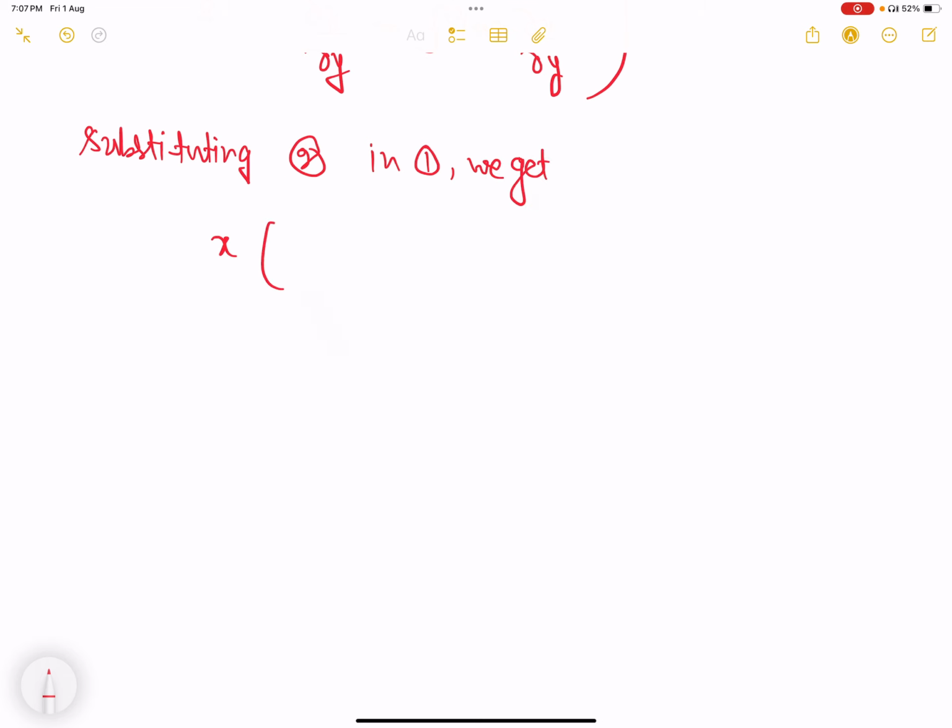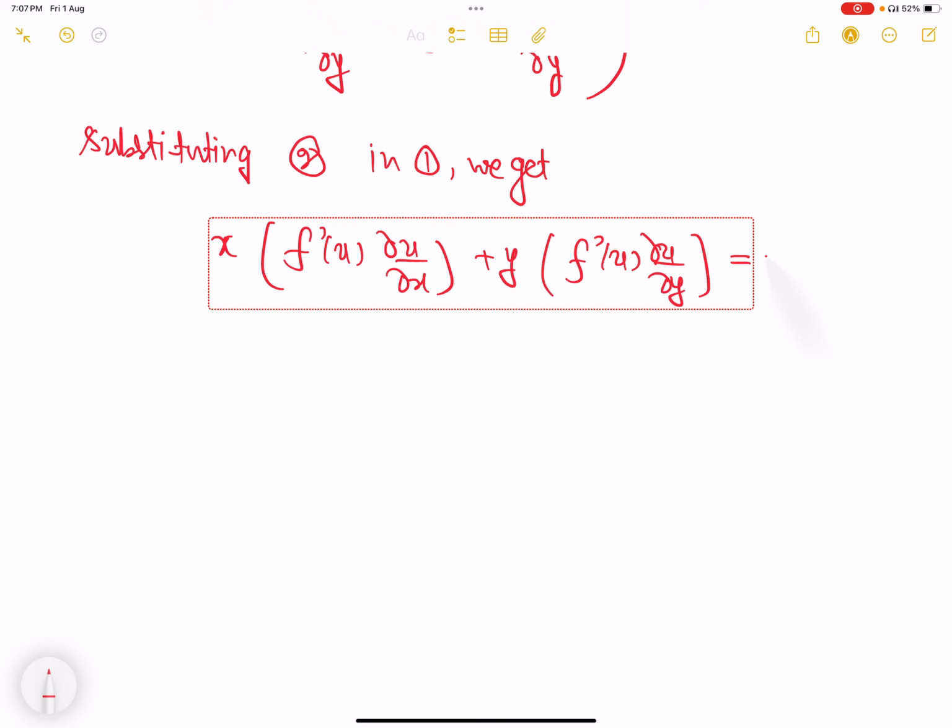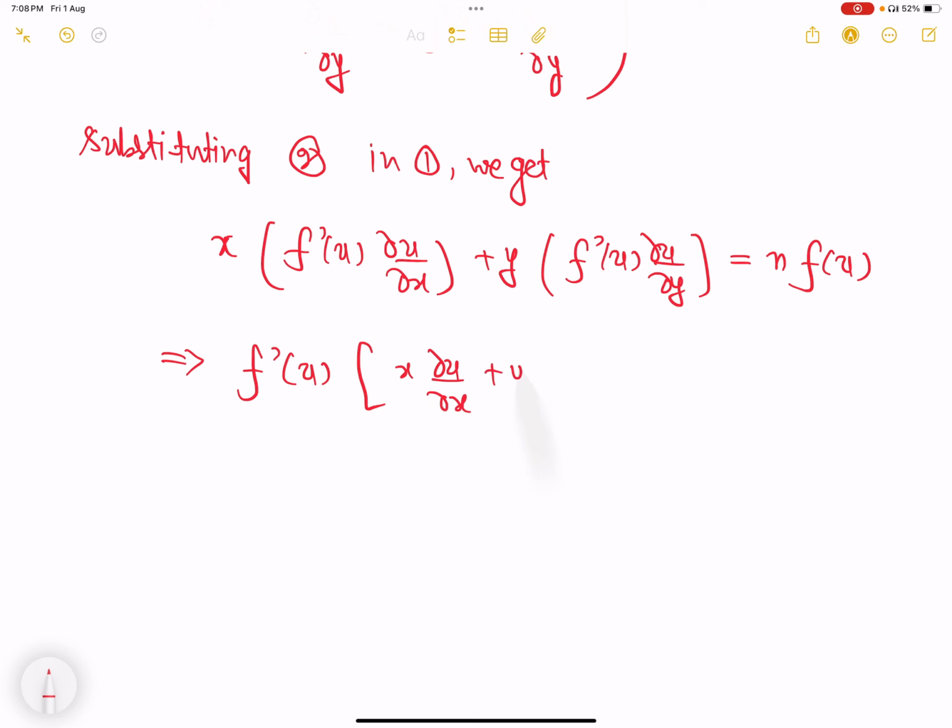So in place of del z upon del x, we have f dash u del u upon del x, plus y f dash u del u upon del y is equal to n f(u). So now we can take f dash u common, then we will have x del u upon del x plus y del u upon del y is equal to n times f(u).